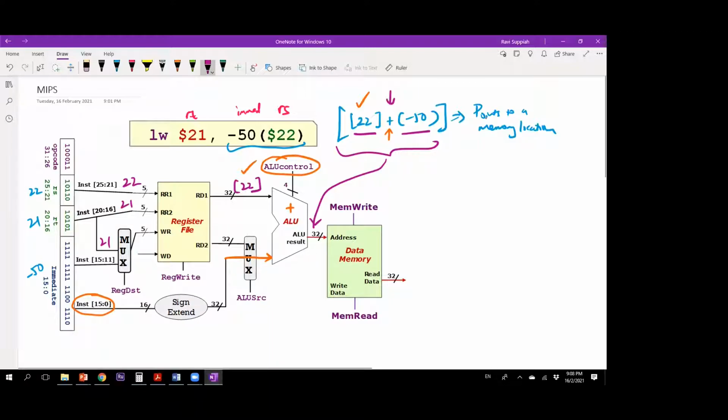Since this is a load word instruction, the load word instruction will again activate the control signal memory. And when memory is activated and I have an address given to the data memory, the appropriate data will now be available over here.